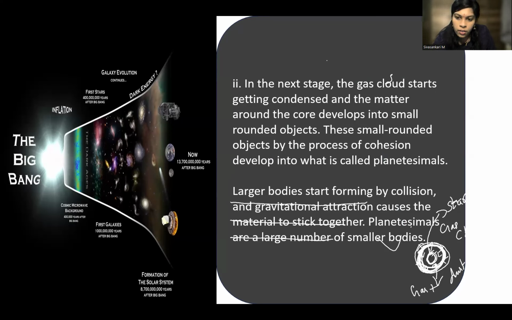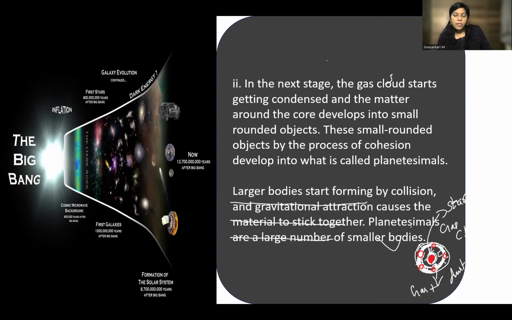This is your sun. In the solar system, we'll take this as the sun. So around that sun, our sun, what happens? There will be a disk of gas circulating around the sun, a disk of gas and dust. Now inside this, small rounded objects start to form. In the disk of gases, small rounded objects form, and they are called planets.